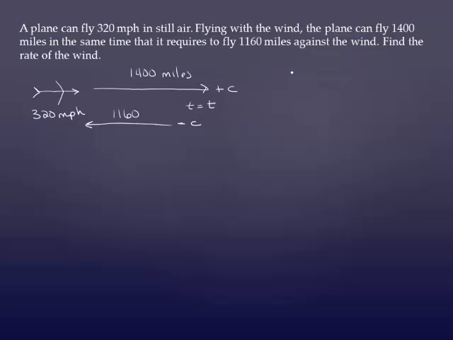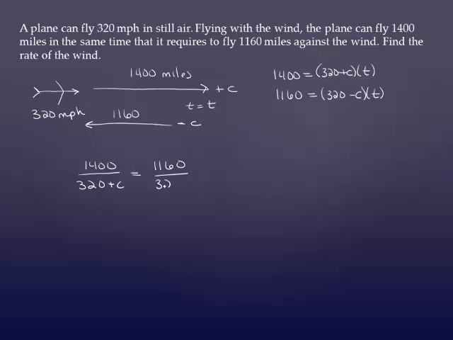So going with the wind, 1,400 is equal to 320 plus c times t, and against the wind, 1,160 is equal to 320 minus c times t. Solving those for t, I will get that 1,400 over 320 plus c is equal to 1,160 over 320 minus c.